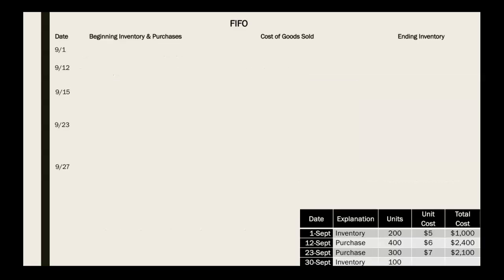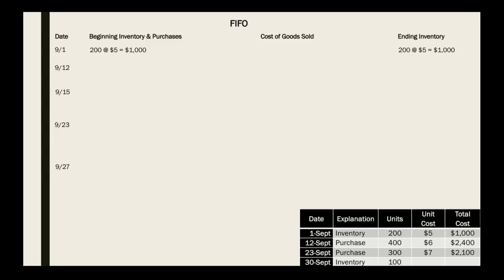So we have this table that we can use to help keep everything organized. On the first, it told us that we had 200 units for $5 a piece. So we will write that in our beginning inventory and in our ending inventory. So we write it out as 200 at $5 equals $1,000, which we get by doing 200 times 5.